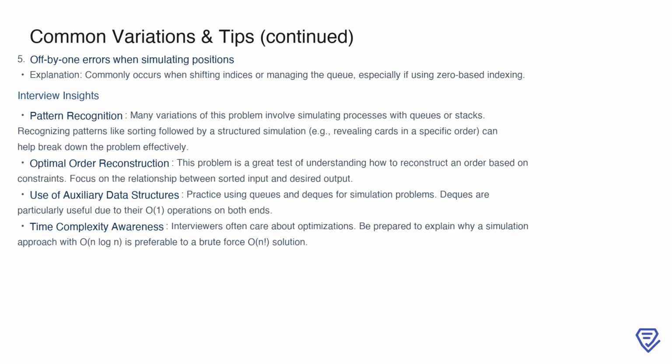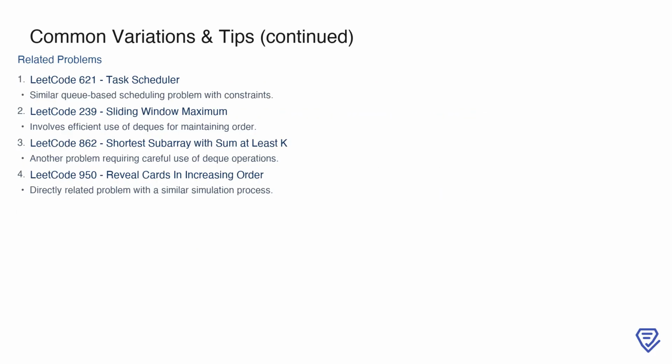Highlighting why an O(n log n) solution is more optimal than a brute force O(n!) approach shows a strong command of algorithmic efficiency. This problem is closely tied to several related problems that can help deepen your understanding of similar concepts. For example, LeetCode 621, Task Scheduler, involves a scheduling problem with constraints and makes use of queues. LeetCode 239, Sliding Window Maximum, is another excellent example, as it requires efficient use of deques to maintain order within a sliding window.